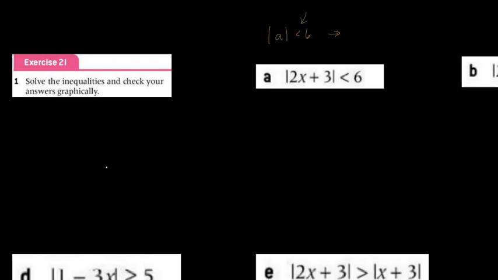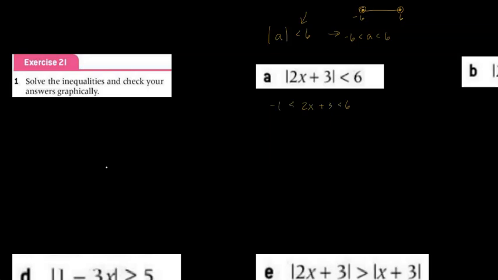Okay, it's going to be all the stuff in between like that. This is negative 6 and 6. So it has to be less than 6, but it has to be greater than negative 6. And these are going to be open circles, by the way. Okay, so let's go ahead and take it out.